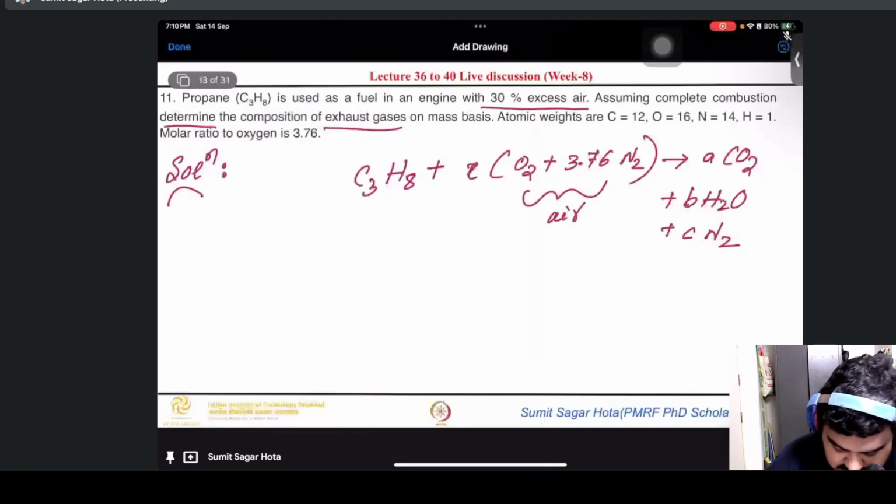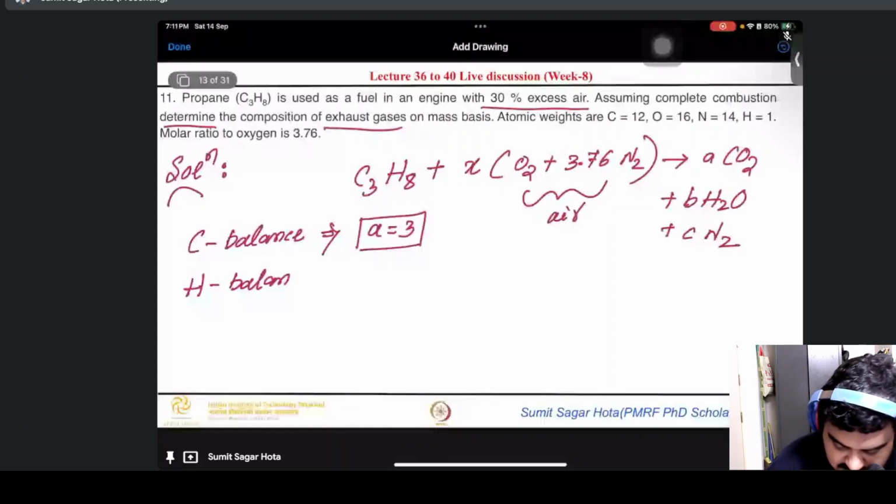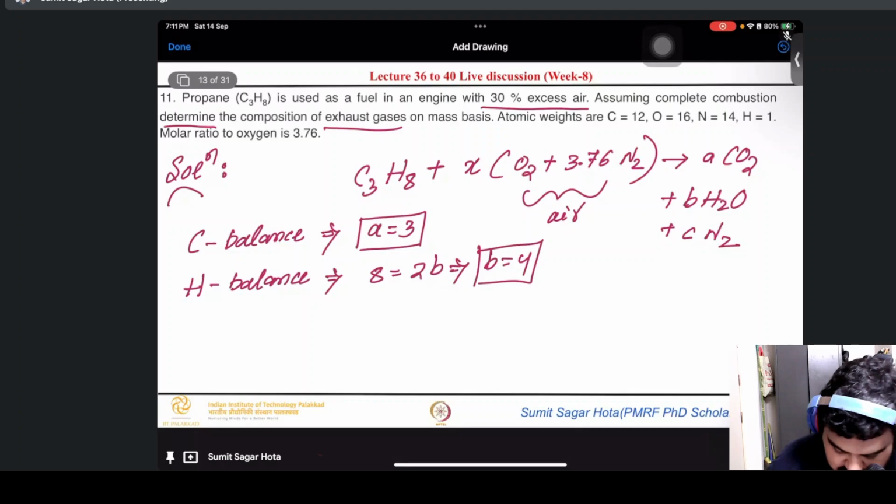Hydrogen balance: 8 is equal to 2b, so b is equal to 4. Now this is your oxygen balance. So 2x is equal to 2a plus b.